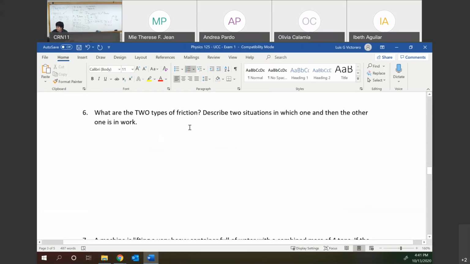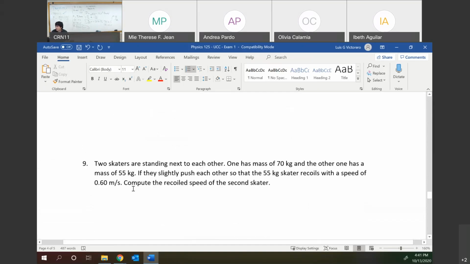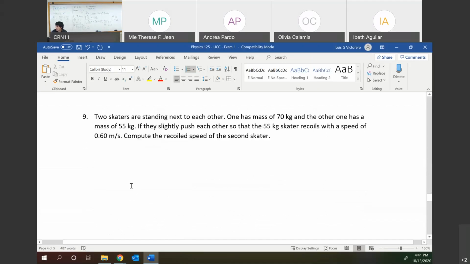Kinetic and static friction, okay? You did this question, the skaters problem we did in class. I think some of you got it, some of you remember. It was mass times velocity, or proportions, right? If the 55 kilogram skater is being pushed at this speed, proportions: 55 over 70 equals 0.6 over x.